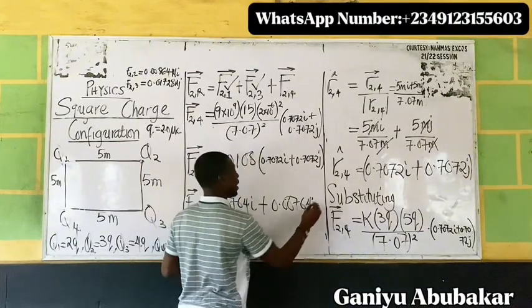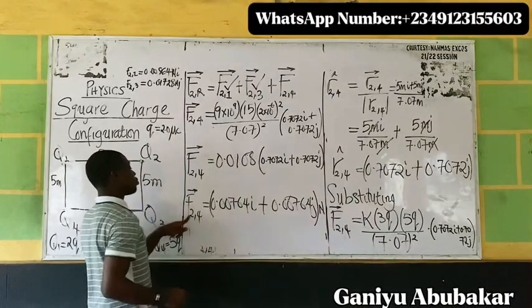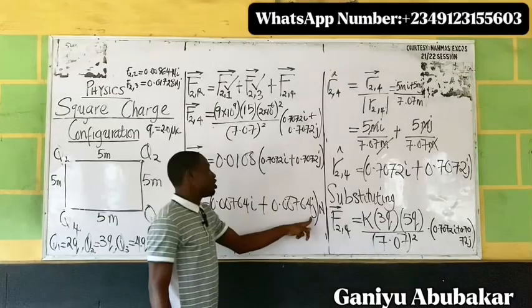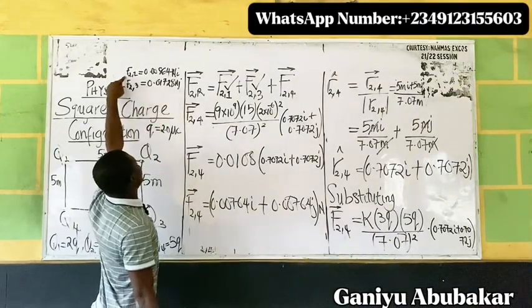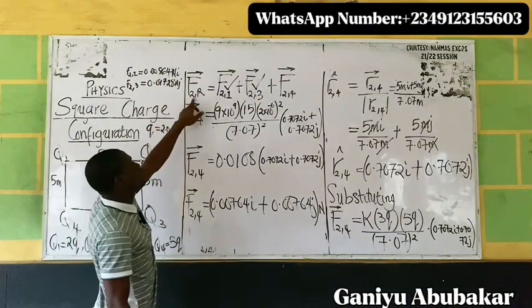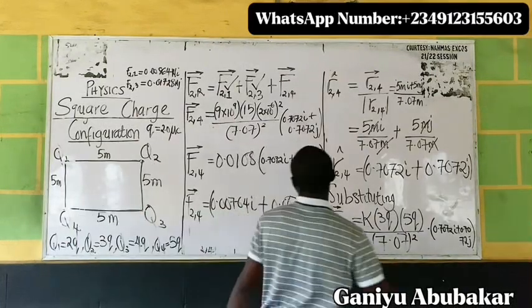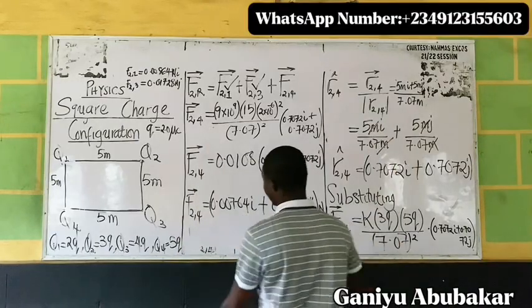By the way, I can attach Newton to the last part, because it's force and it should be in Newton. So I have I and J in this case. F23 was just J. F21 was just I alone. So let's get the value of F2 resultant.